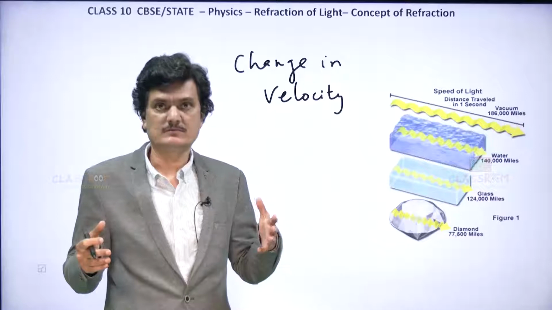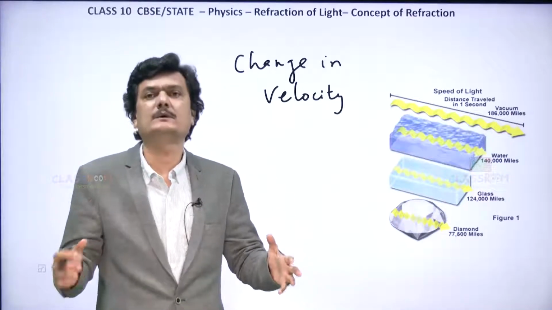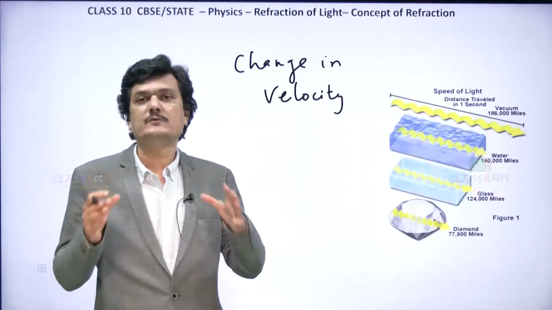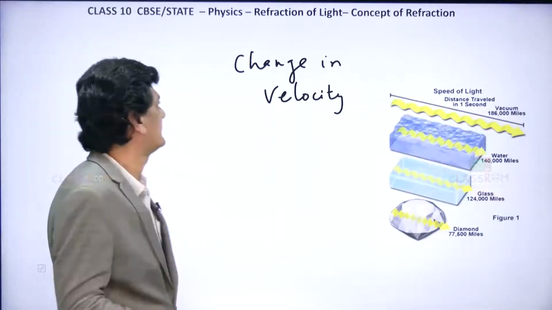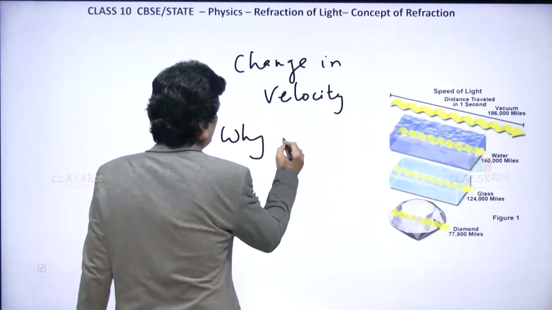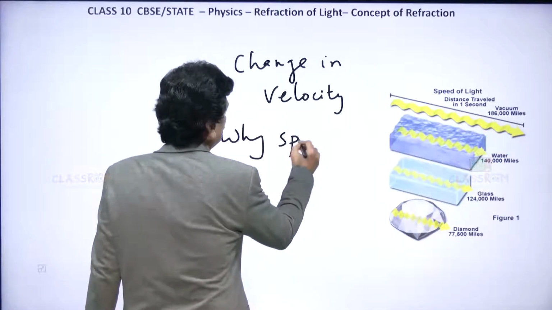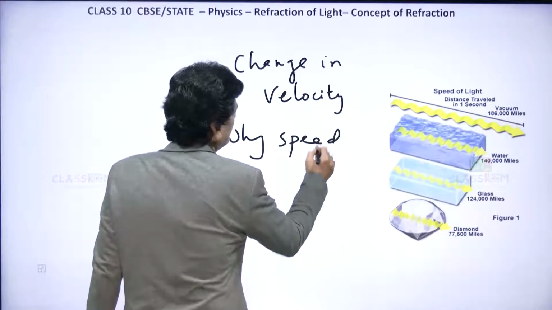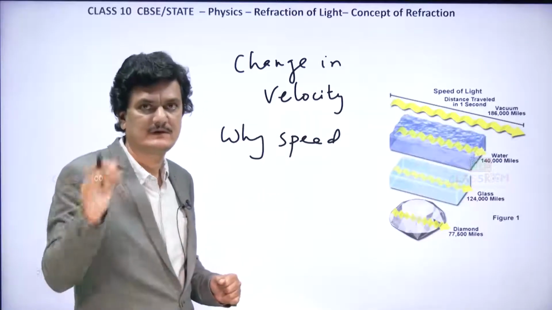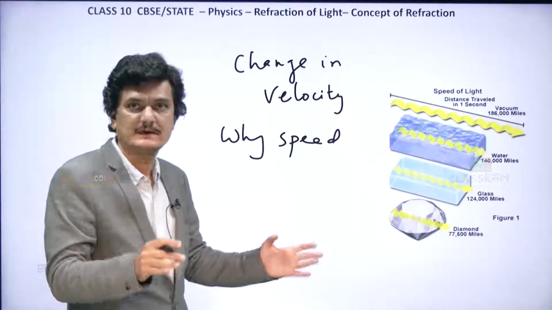What is that particular property of the medium which changes the speed of light? We are using the words speed and velocity interchangeably, that does not matter, since light travels in a straight line and therefore speed and velocity are the same.